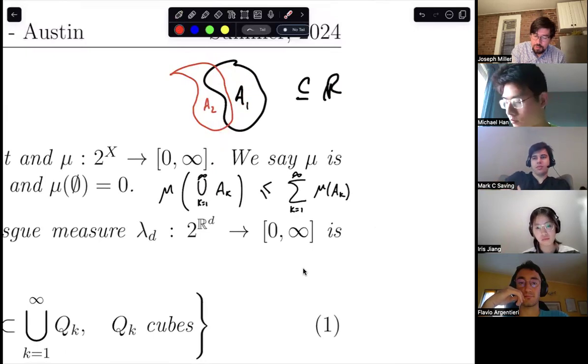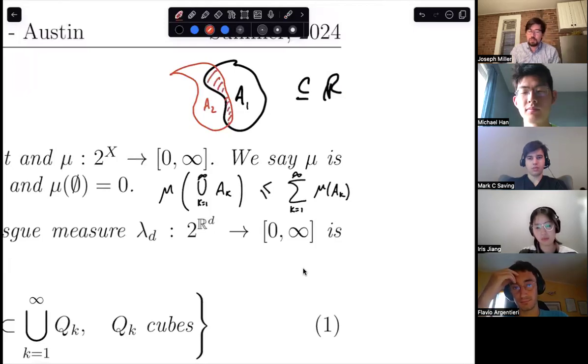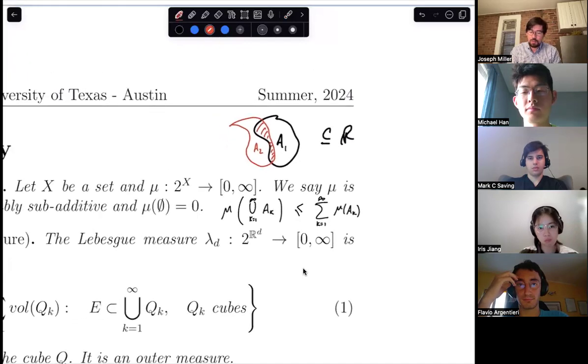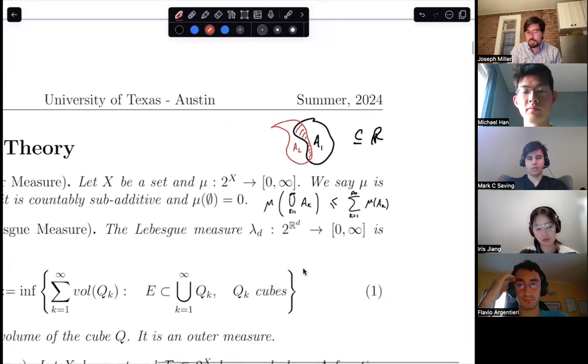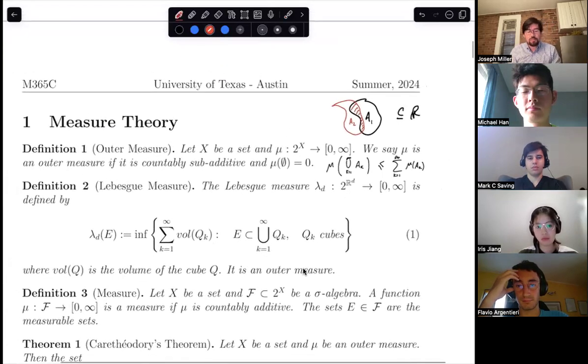The less than or equal to is because I'm somehow overcounting this region. If I measure each of these individually, I'll be double counting this intersection. So that's why the inequality makes sense. That's the definition of an outer measure, and that's where we start.